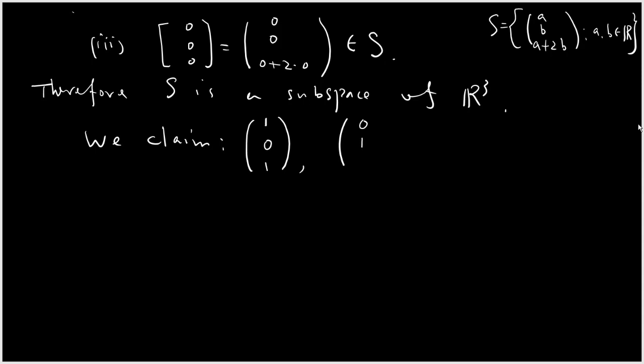In order for the vector to be in S, the third component has to be 2, right? The first component plus twice the second component is 2. We claim these two vectors in S span S.